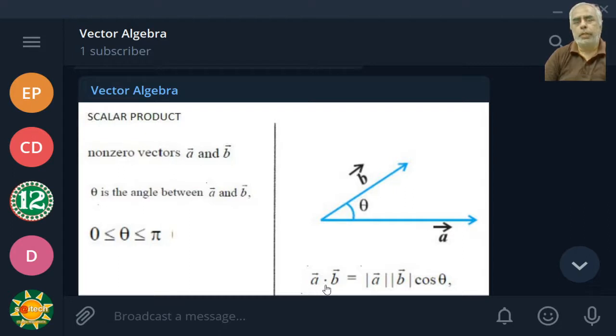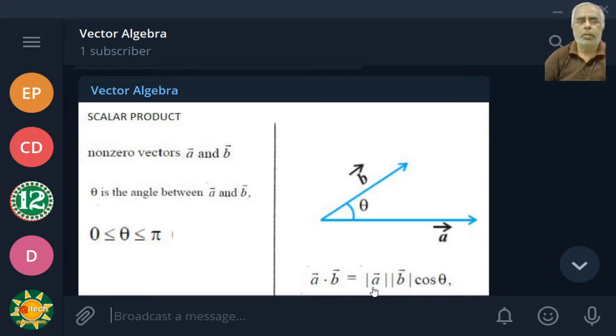So the dot product of vector A and vector B is equal to modulus of vector A into modulus of vector B, then into cos theta. This is the scalar product formula, the dot product formula. When we represent a vector by a modulus, that is modulus of vector A, it indicates the magnitude of that vector.